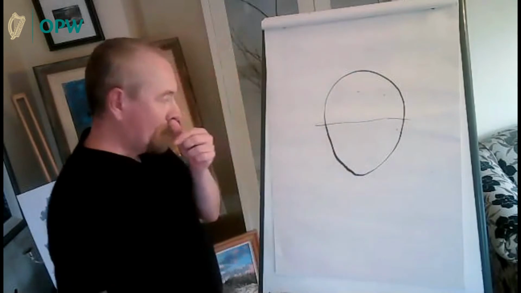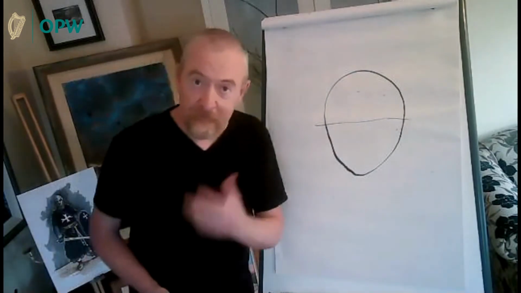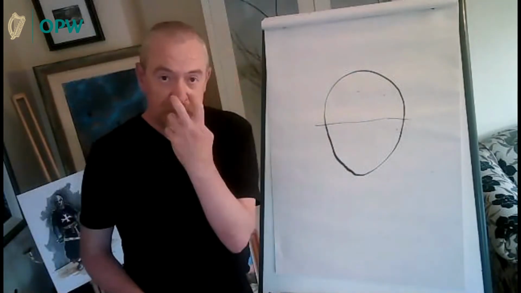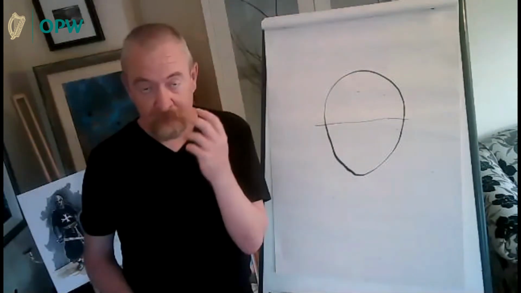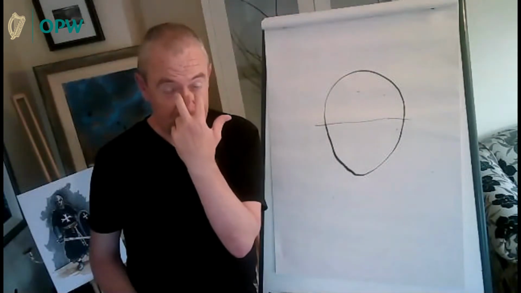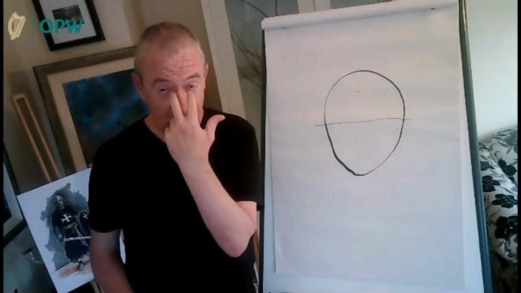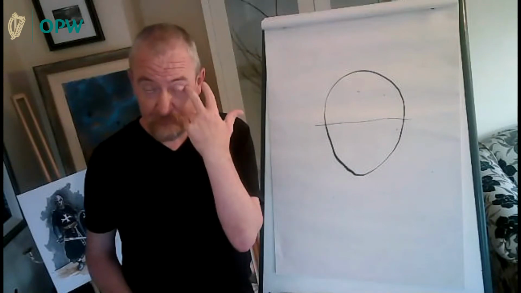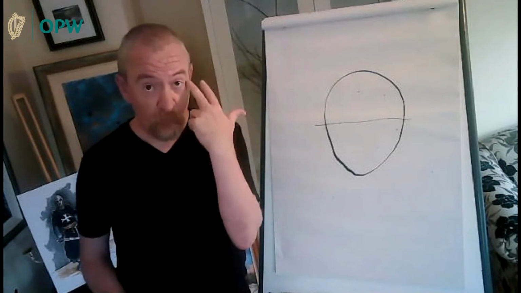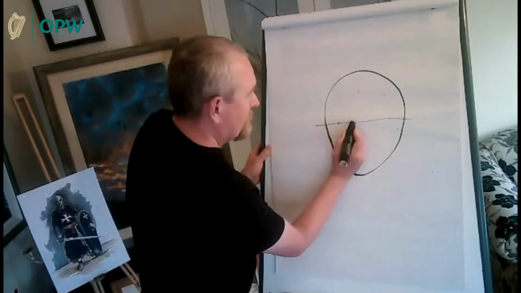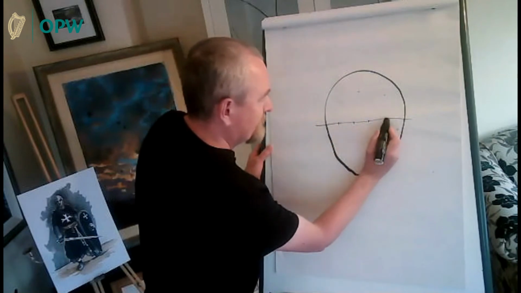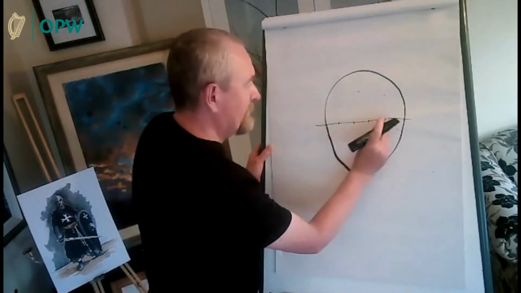Now, eyes, if you look at my face, the placement of the eyes on a relatively realistic human drawing, there's two eyes, there's one eye length in the middle, or one eye width, and there's one on this side and one on this side, so that's 5. 1, 2, 3, 4, 5. So you mark out where your eyes are going to be.